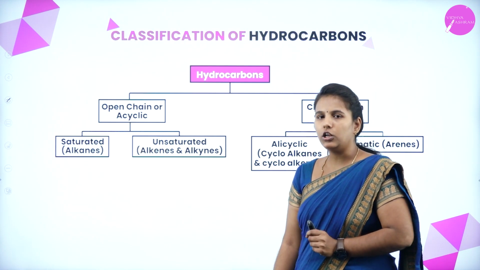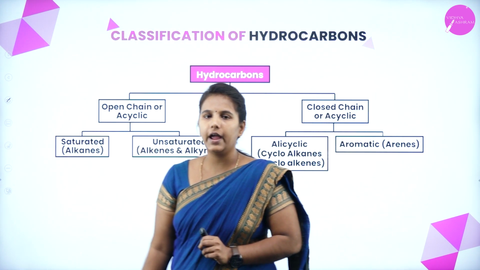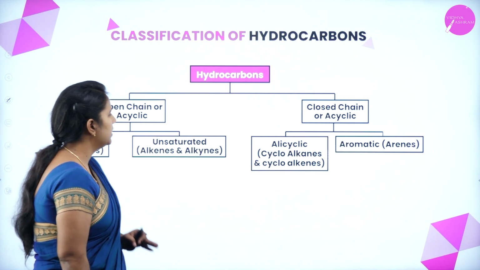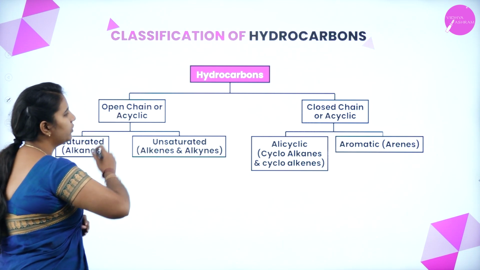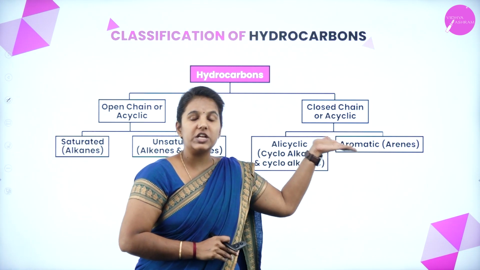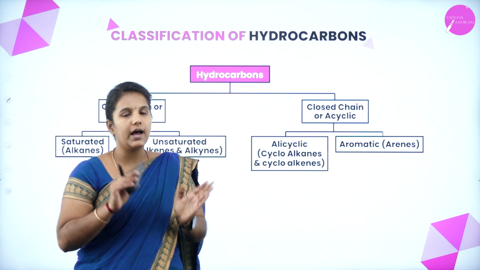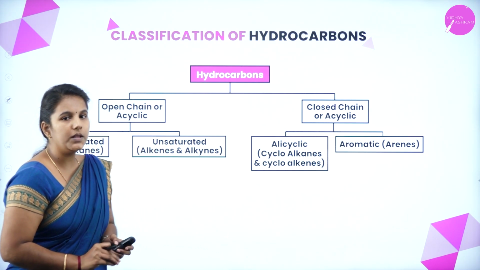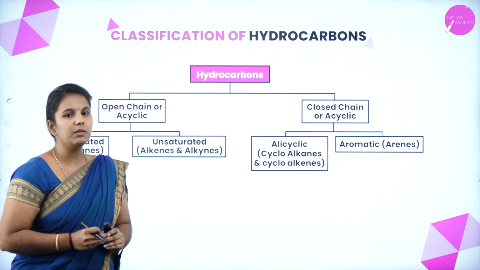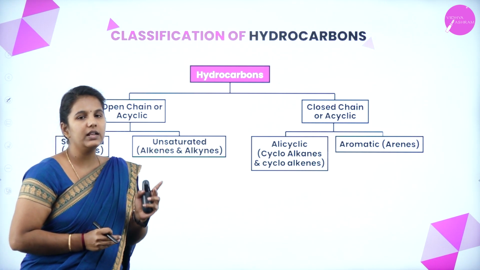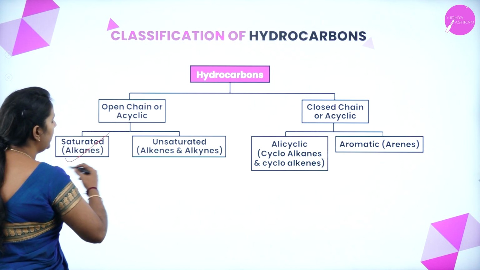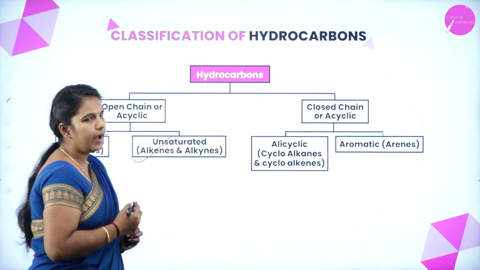Now let us see the classification of hydrocarbons. We can broadly classify hydrocarbons into two types: open chain hydrocarbons and closed chain hydrocarbons. Open chain hydrocarbons are nothing but aliphatic hydrocarbons, and they are of two types: saturated hydrocarbon and unsaturated hydrocarbon.